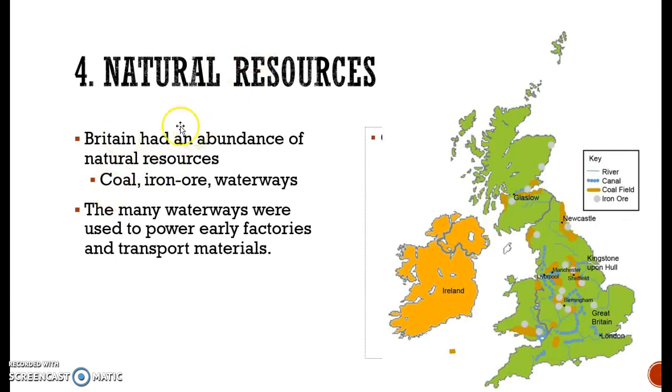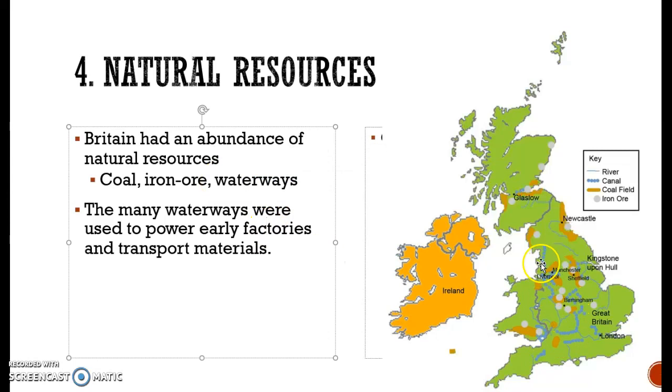Britain also had an abundance of natural resources. Coal. That's not going to be important right away, because it's eventually going to be used as a fuel source. Like I said, not right away, but eventually. Iron ore is going to be crucial. Iron is going to be used, and eventually steel will be created as a reliable metal. But waterways, initially, this is how they're going to power early factories.